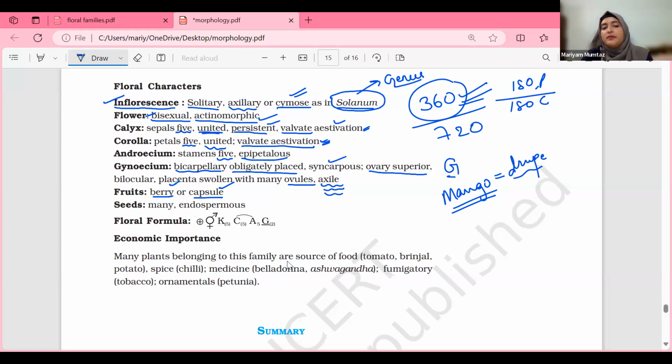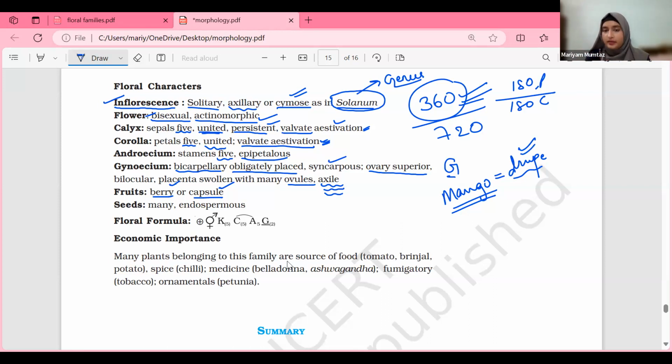So the fruits may be berry or they may be capsule, meaning the tomato, the potato may be a berry or a capsule. Don't recognize this berry as blueberry. Berry, capsule, drupe, they all are types of fruits.